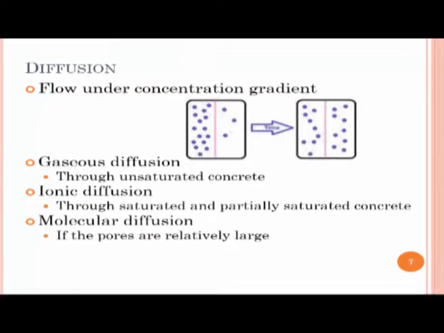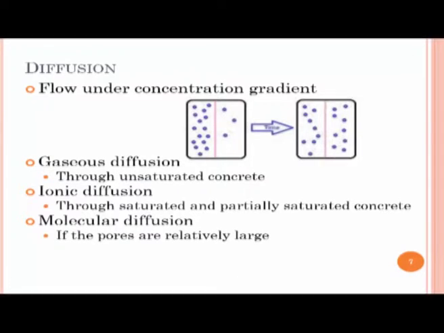Consider for example chlorides from seawater. You know that seawater has a lot of chloride in it. Concrete, if you have chosen your materials correctly, has very little chloride inside. So what will happen now? There will be an inward movement of the chloride ions from the seawater to the concrete. And what is this inward movement going to do? It is going to increase the chloride concentration of your concrete, okay.